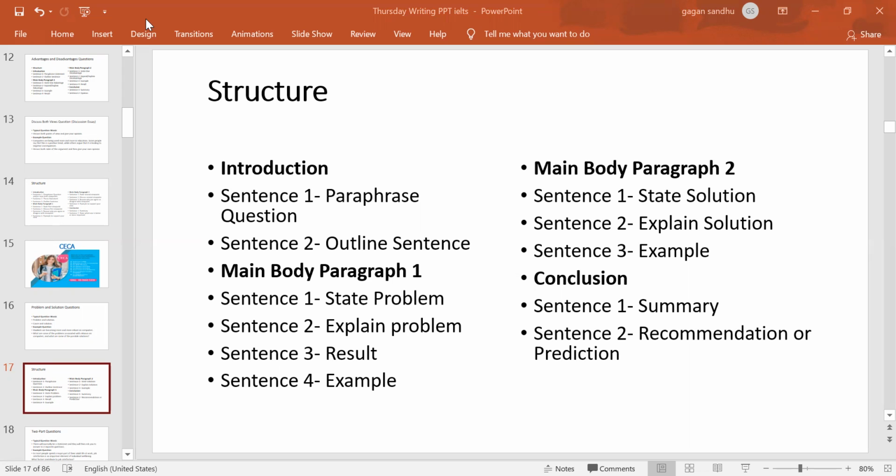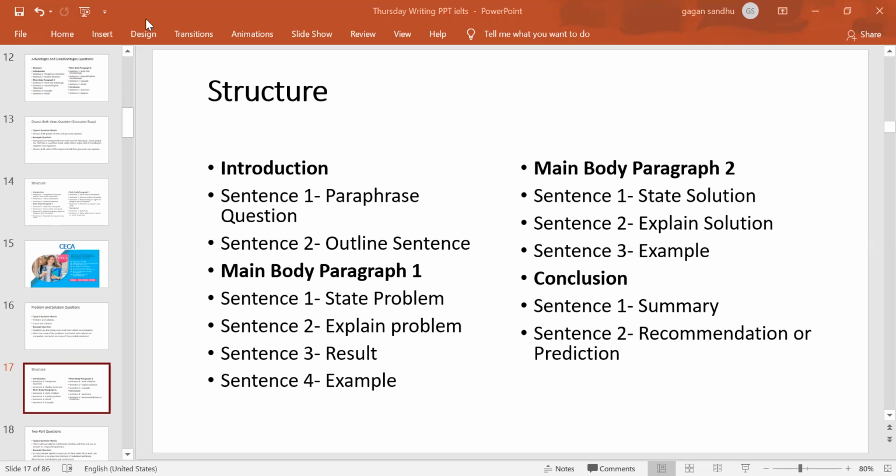Then the conclusion, you are writing the summary, that means restating those opinions, and then you are adding a recommendation or prediction. So recommendation or prediction means maybe you are giving here that if this is not tackled properly, then there will be dire consequences to be seen in the upcoming generations, right?